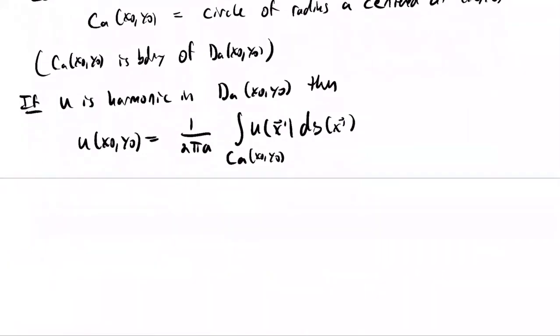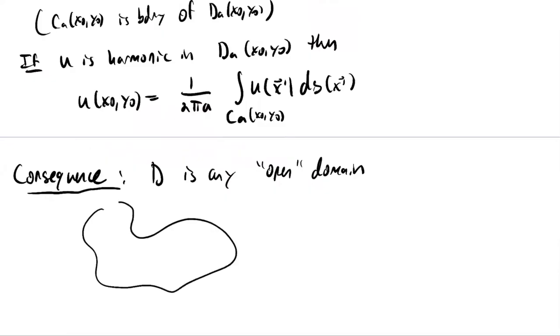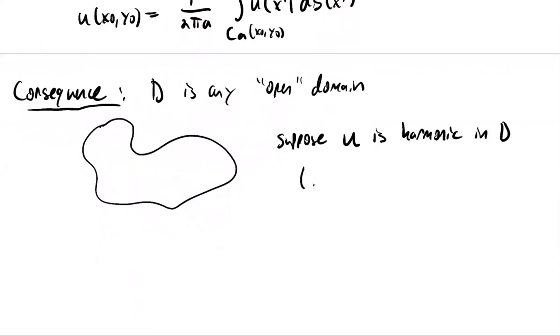Okay, so we're going to prove this in a second, but let me just look at a larger consequence of this result. Let's suppose that D is any open domain, so maybe something like this. This is our domain D. And suppose u is harmonic in the domain D, meaning the Laplacian of u is equal to 0 in D. Well, let's say we pick a particular point in the domain, say x naught, y naught.